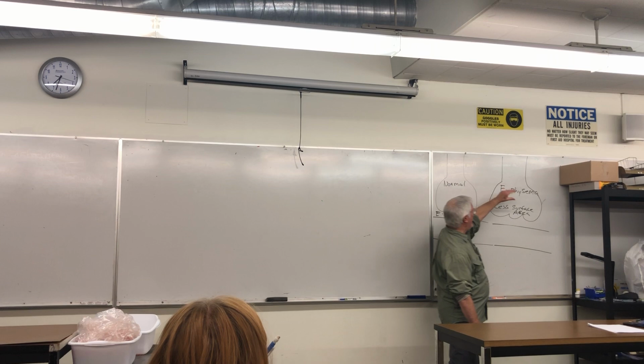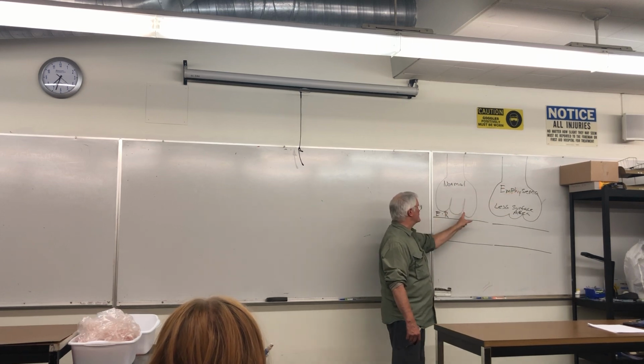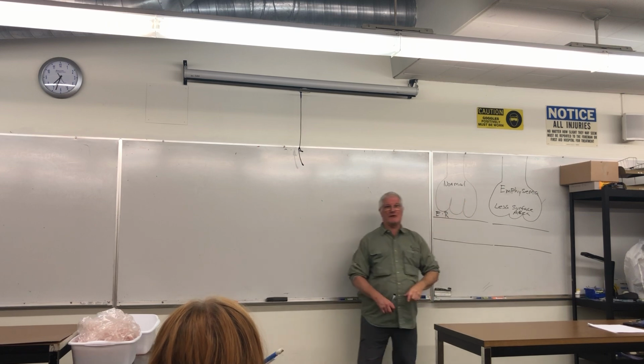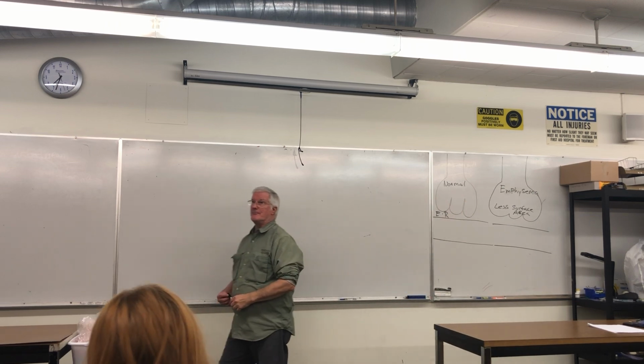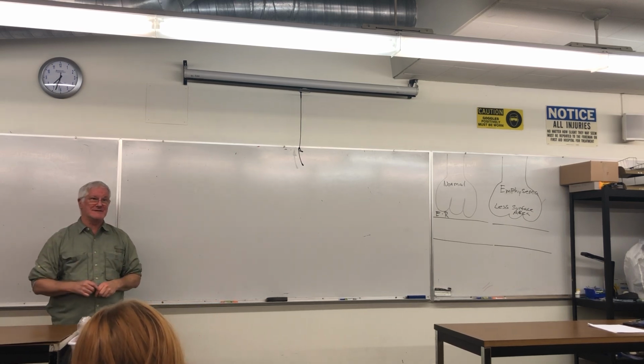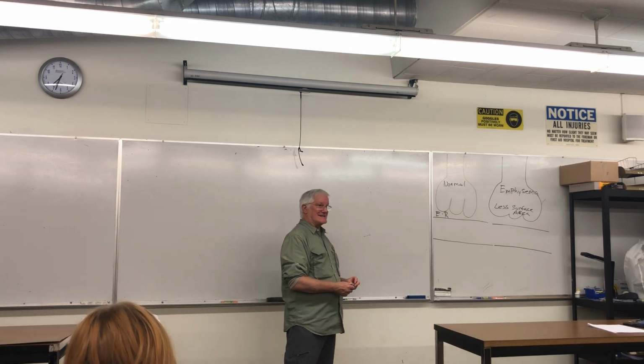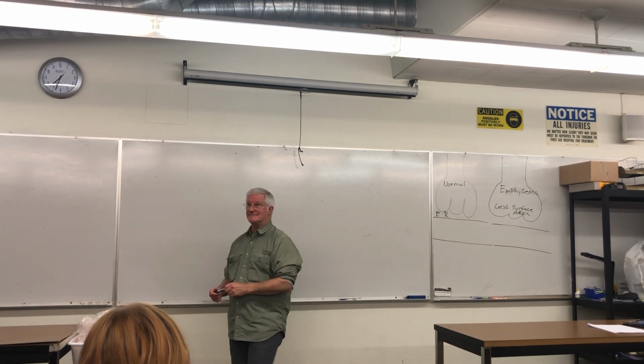Over here, I have the version of emphysema, where I'm showing you significantly less surface area. That's important because surface area is the place where gas exchange, diffusion, takes place. So with less surface area, you're going to have less gas exchange taking place.